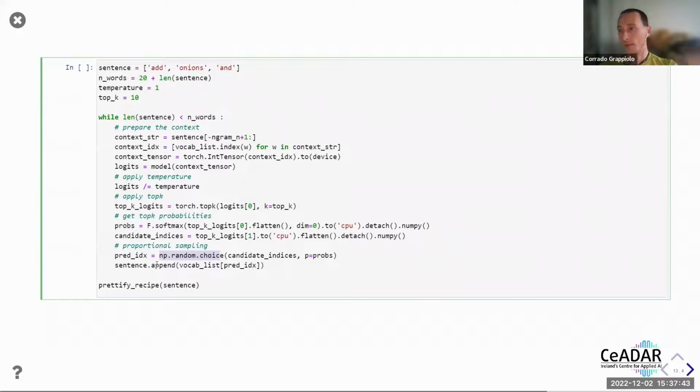Then we extract a word, we append it to the sentence, then we take the last 3 words, and we continue iterating until a stopping criterion is met. In this case, it is until the sentence has as many words as we want. Or I think we can even add the constraint that the moment the network generates the stop sentence word, we stop.